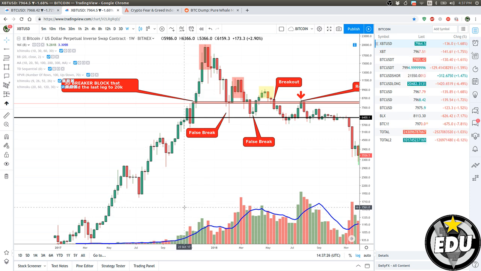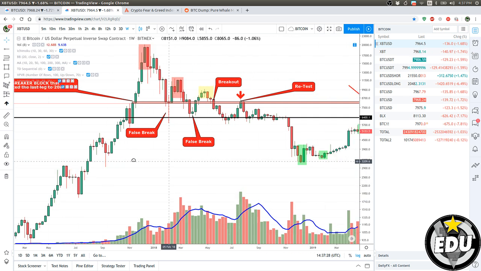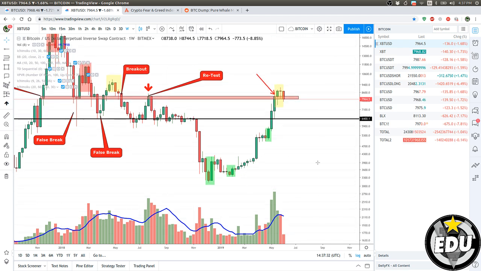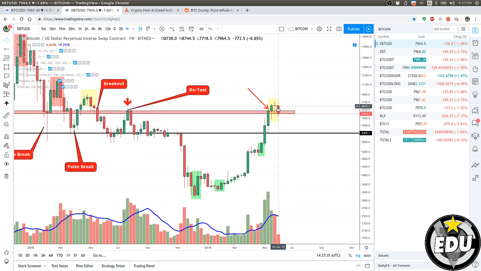This could play out, since this week's candle didn't close yet. This evening pattern is not legit yet, but we need to go back up to 9K in less than, I don't know when this weekly will close, and we'll see.